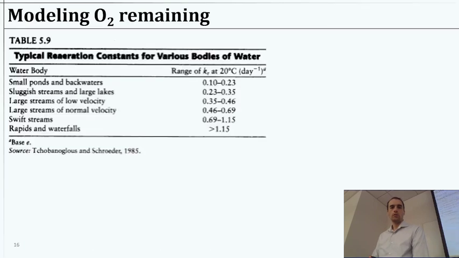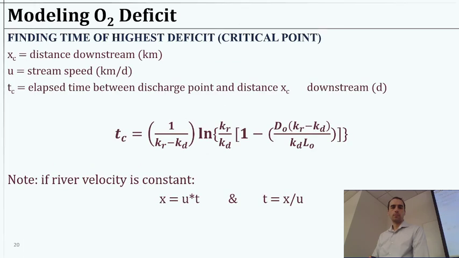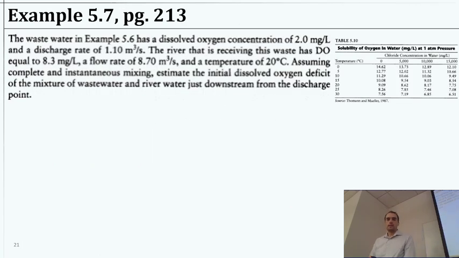So wastewater from some example problem has a dissolved oxygen concentration of 2 milligrams per liter and a discharge rate of 1.1 cubic meters per second. The river that is receiving the waste has a DO equal to 8.3 milligrams per liter, a flow rate of 8.7 cubic meters per second, and a temperature of 20 degrees Celsius, assuming complete and instantaneous mixing.